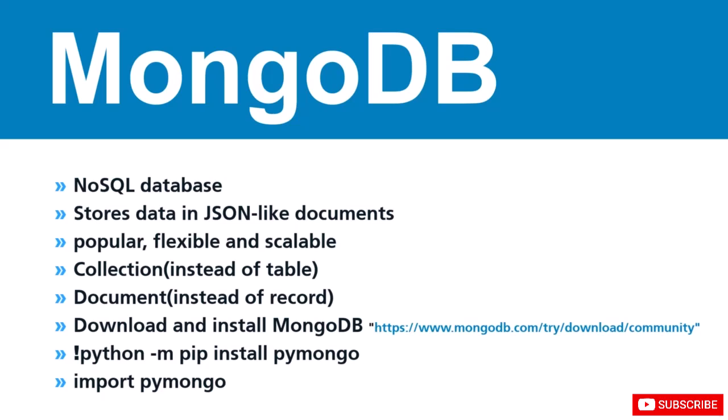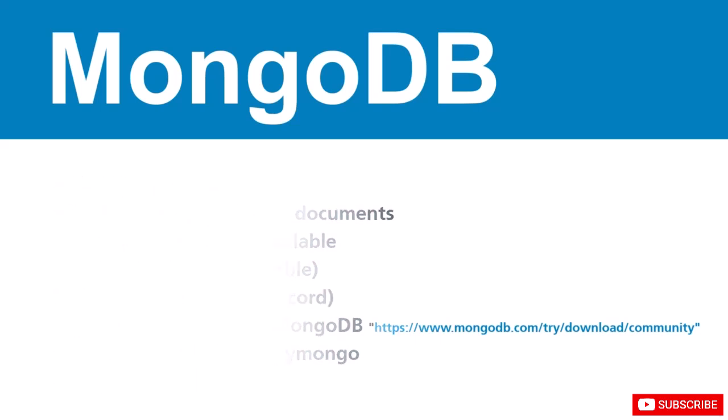After that, to use the MongoDB database, you need to import this library or package in Python at the beginning of the program. Use the import statement to do that. At the beginning of each program, to work with the MongoDB database in Python, use the statement import pymongo. Now, let me show you how to download and install the MongoDB database on our device.